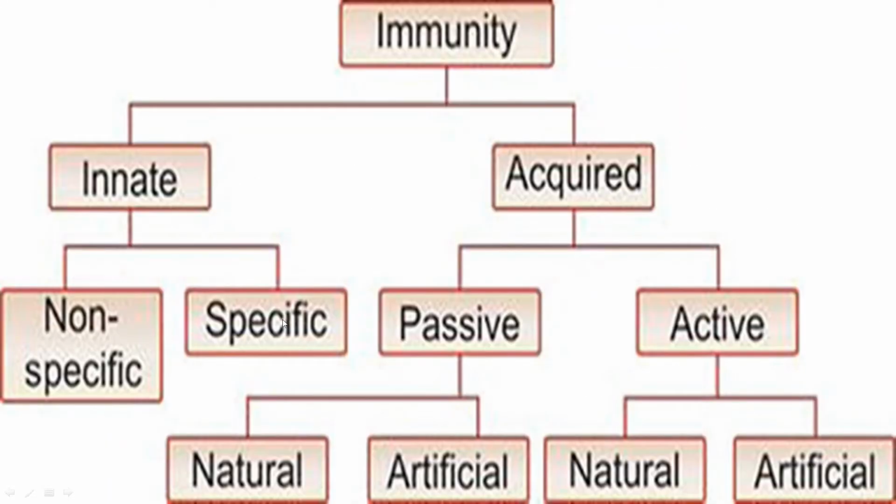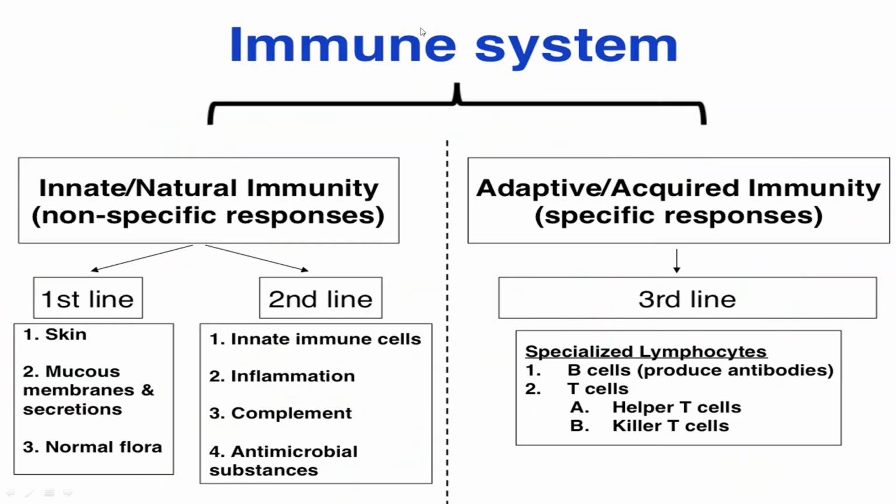Specificity is line 2 defense and acquired immunity comes under line 3 defense. Clear? So see, innate or natural immunity is a non-specific response, and adaptive or acquired immunity is a specific response, right? So this is non-specific and this is specific.